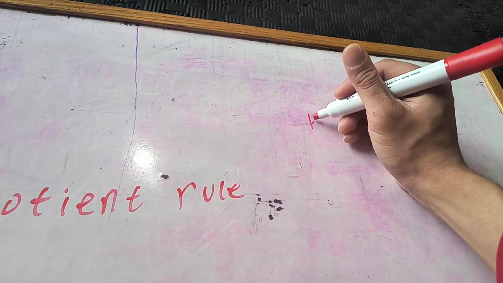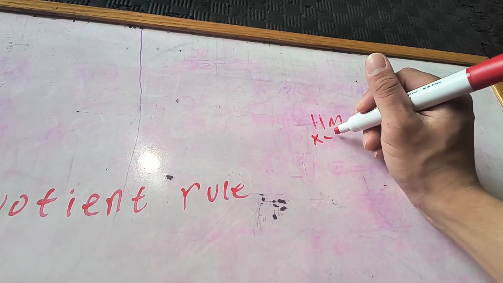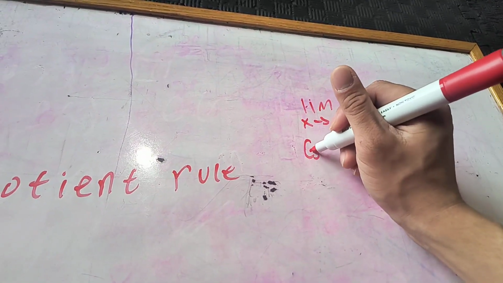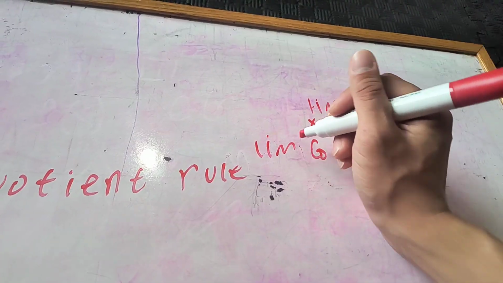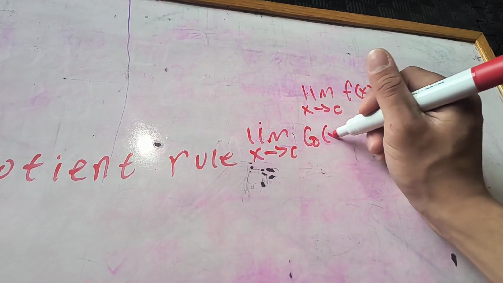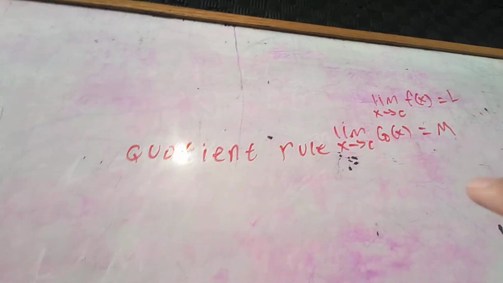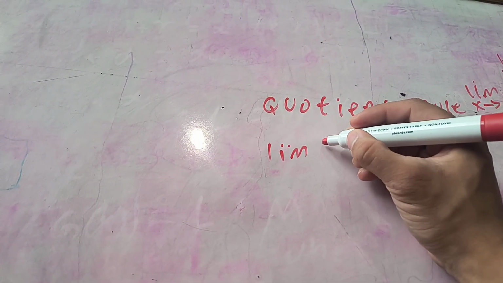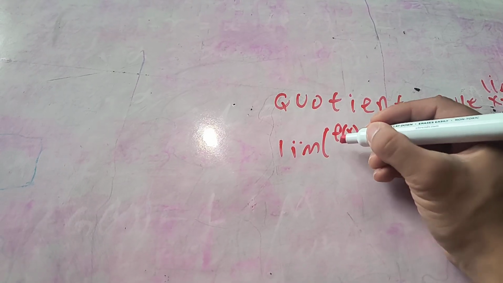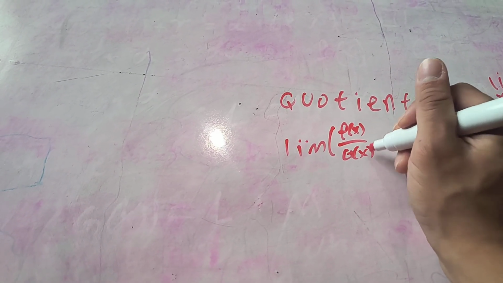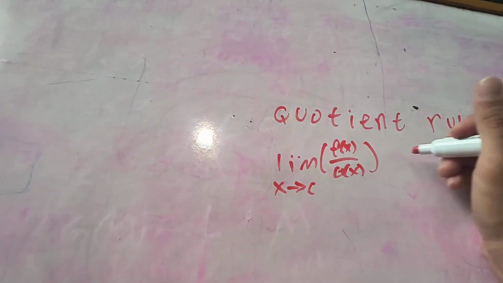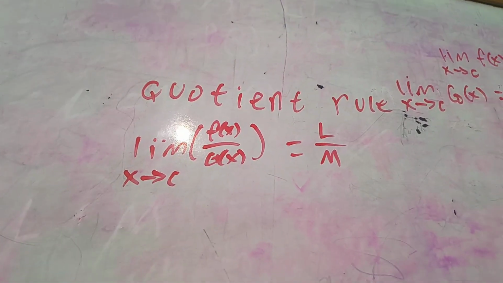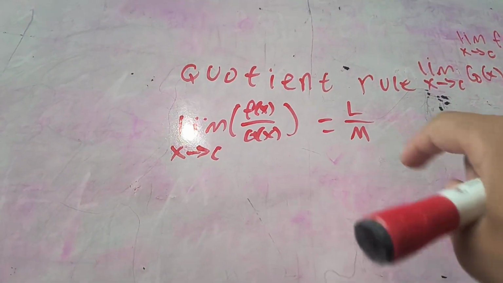So if the limit of f of x as x approaches c is equal to L, and the limit of g of x as x approaches c is equal to m, then the quotient rule says that the limit of f of x over g of x as x approaches c is equal to L over m, so long as m is not 0.